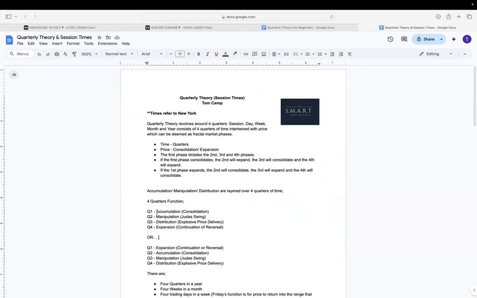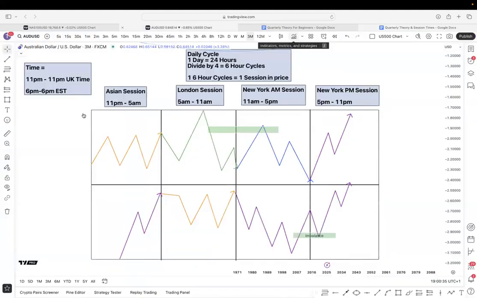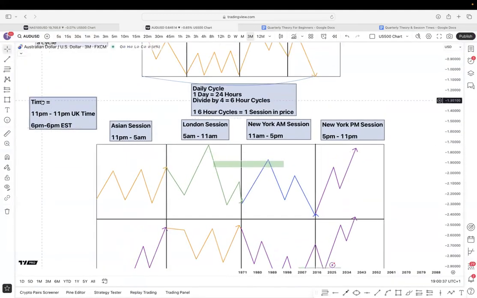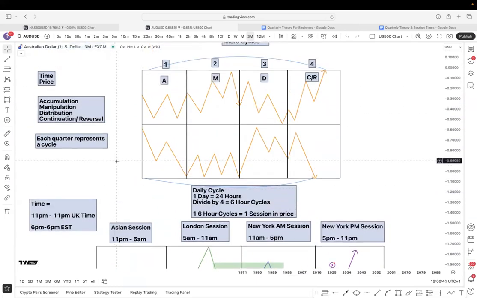Take all of these functions with a pinch of salt. This is just talking from someone with pure experience, but we are going to focus very, very heavily on certain things, which is all to do with time. Time is everything in the market.